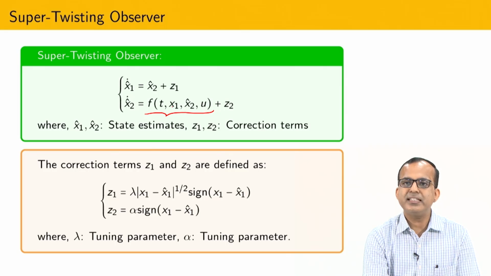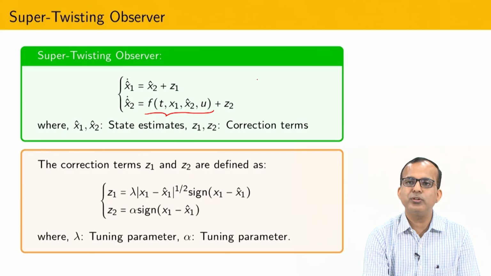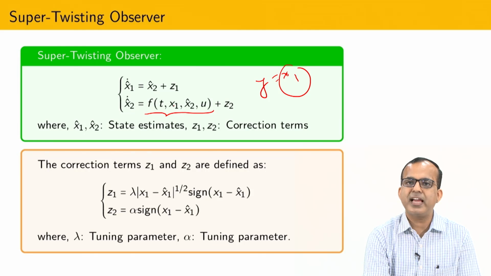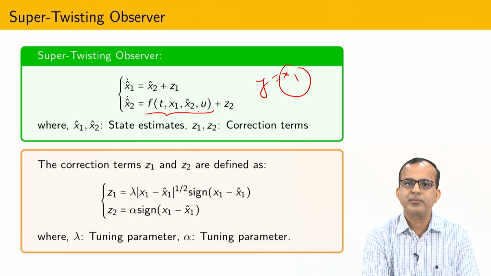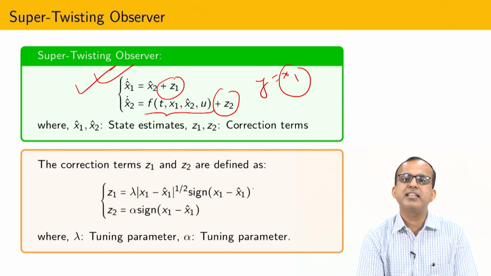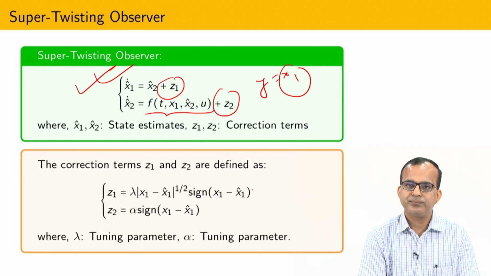Here you can see that I have written x1 because I know that y equal to x1. It means x1 is known to us, so I can write either x1 cap here or x1, both are exactly the same. And z1 and z2 are nothing but the correction terms which we have to design. So this is the structure of the observer which is running inside the computer.